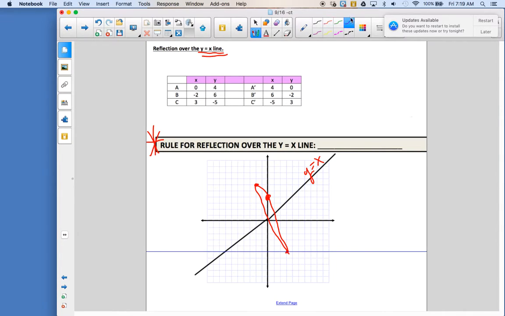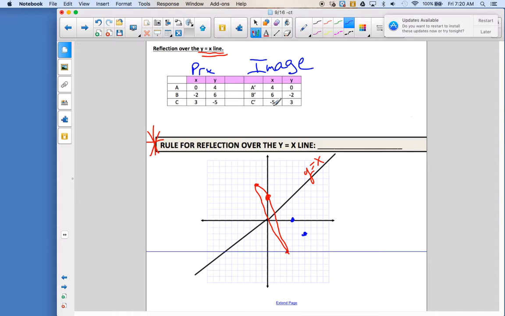So I'm going to go ahead and follow what they have up here. Here's my pre-image that I just did, and then here's the image over here where we're moving it after the flip. So A prime is at 4, 0. So I'm going to go 4 to the right and stay there, no up and down because it's 0. B prime is at 6, negative 2, so 2 more, and down 2 is negative 2.